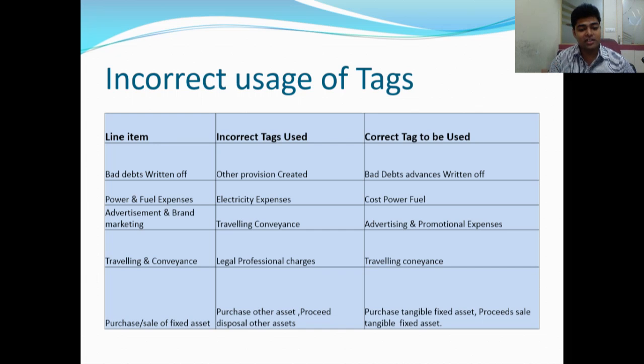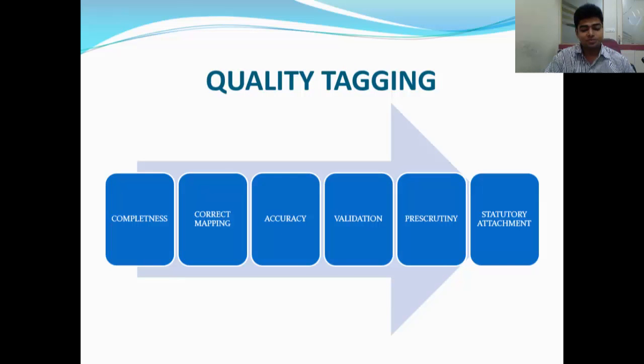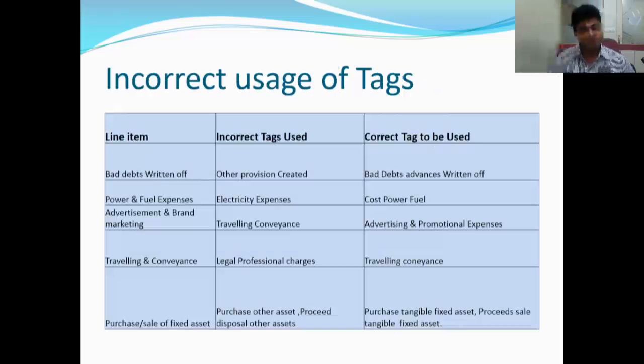Purchase and sale of fixed assets: the same problem, tagged with purchase other asset despite the availability of the tag purchase tangible fixed assets. So please take care while selecting the tag. This tag should convey the proper meaning of the line item.